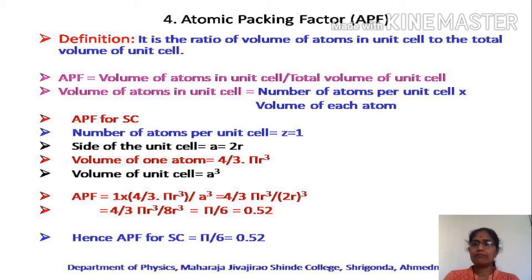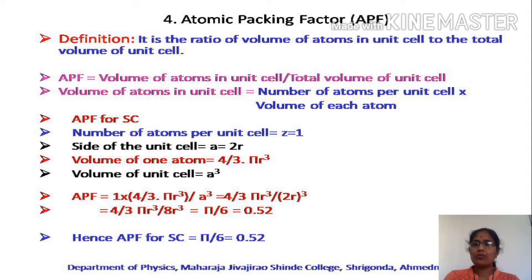It gives APF is equal to 1 into the volume of sphere, that is 4 by 3 pi r cube, divided by the volume of unit cell, that is a cube. Try to solve this. It gives us the next step as 4 by 3 pi r cube divided by, as the a value comes out as twice of r, its bracket cube.